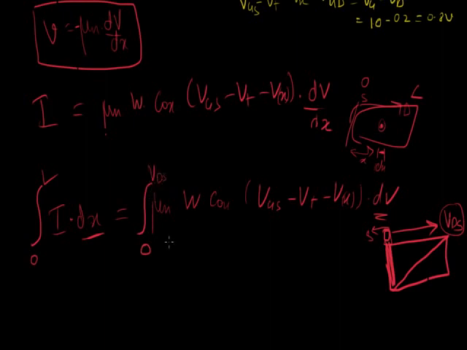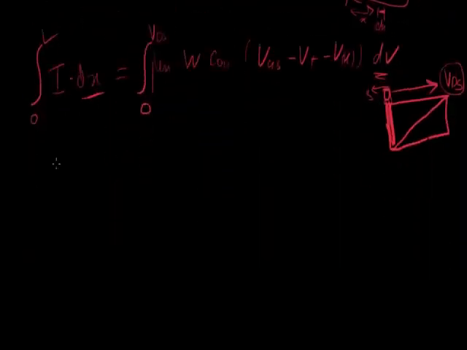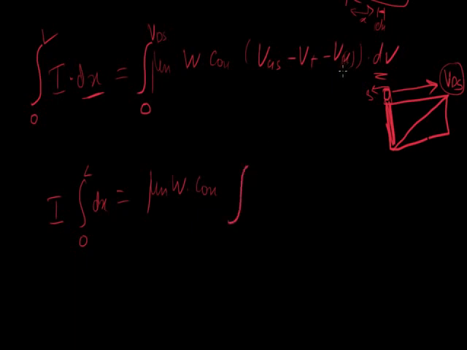Now let's integrate, which is very simple. Don't worry about anything. Here, I is a constant, so it comes out of the equation, and you have 0 to L. Here, mu n, W, Cox are all constants. So since this is Vx, let's team VGS minus VT on one side, with minus Vx as another term, going from 0 to VDS.